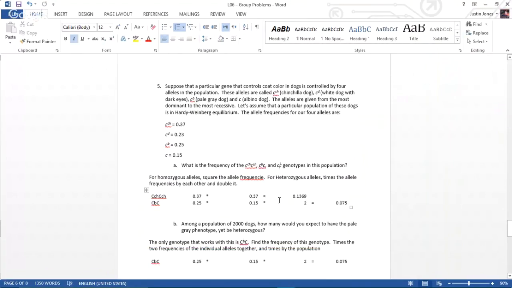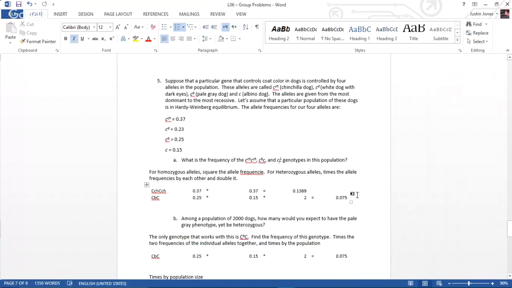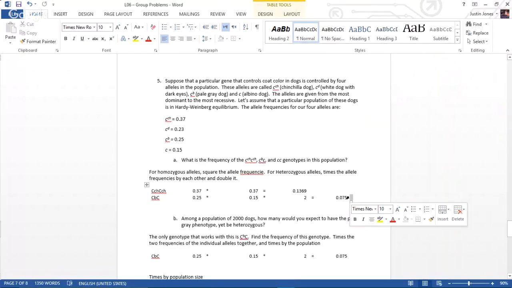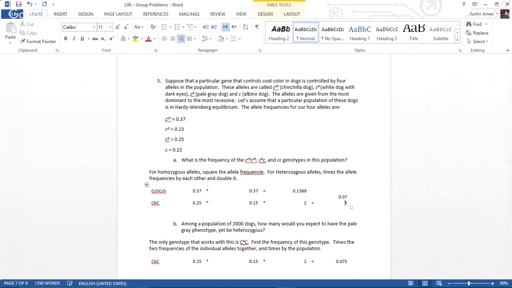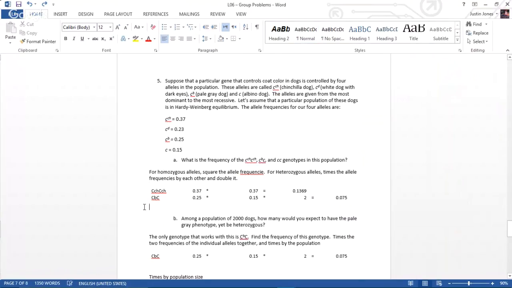Oh, and you know what? I legitimately did not see the CC, so let me type all this in here while we go, because I want to get this right. Basically, what you do for these is you times the two frequencies together. So for CH and CH, you times 0.37 by itself, 0.37, and you get 0.1369.